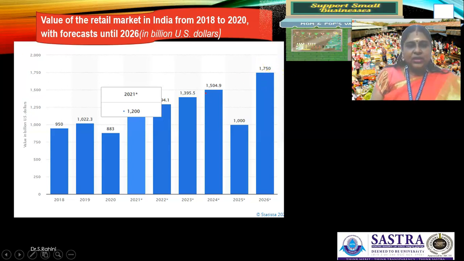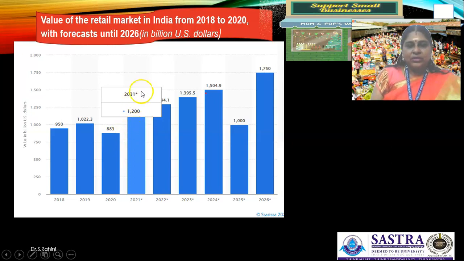You can see the trend was like this: $950 billion in 2018. In 2019, as I told you, it was an alarming 1,022 billion. Then it came down to 883, and then it was again rising to the boom.